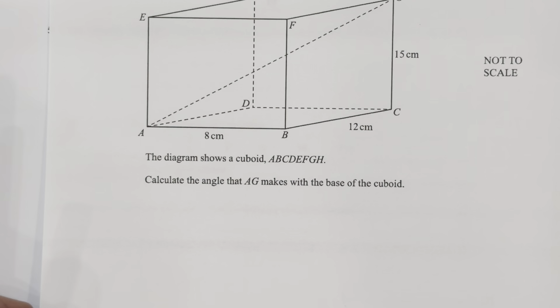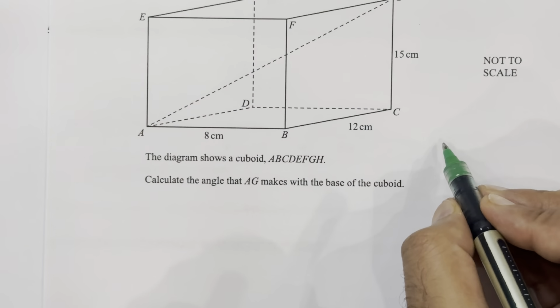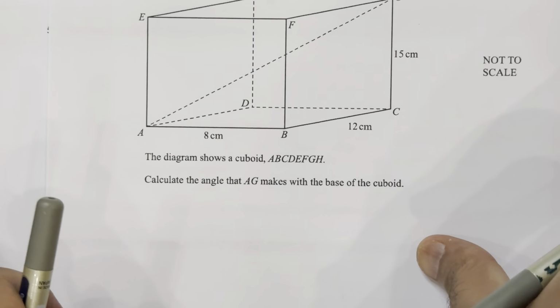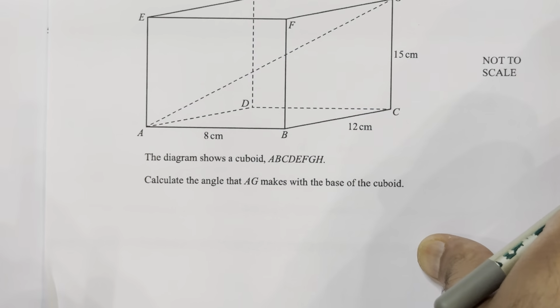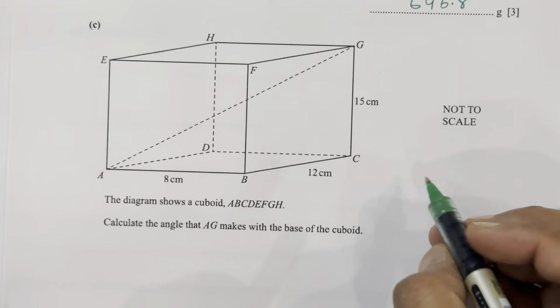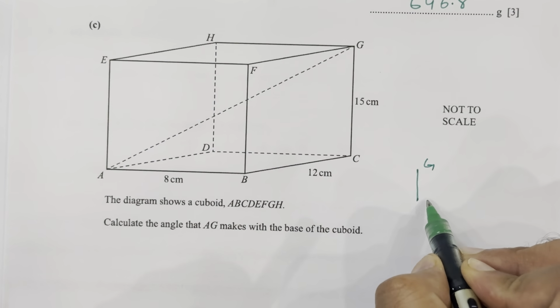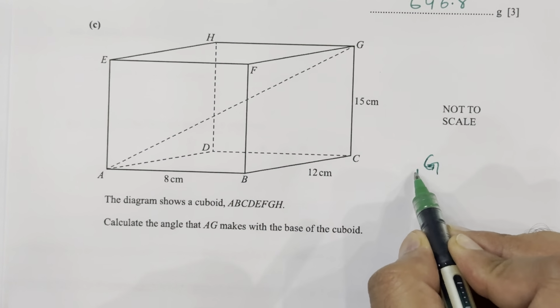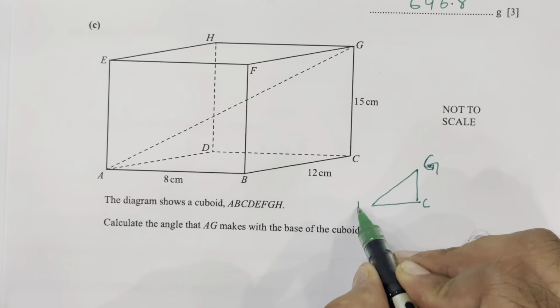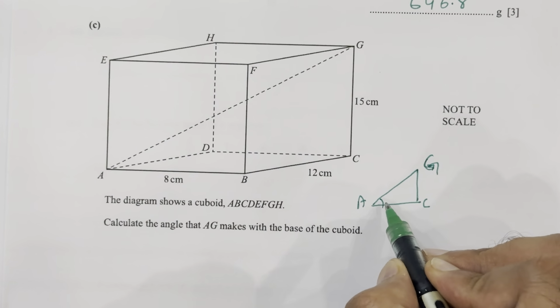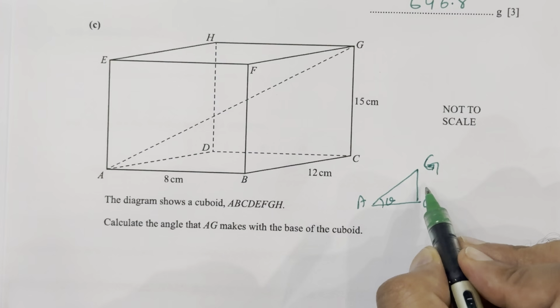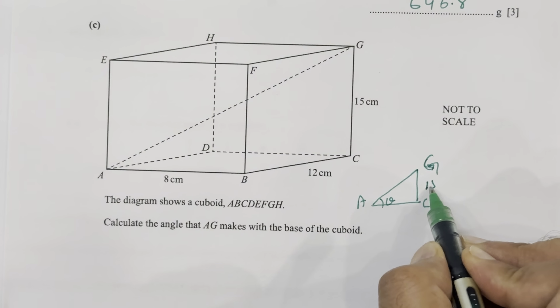The C part is, the diagram shows a cuboid A, B, C, D, E, F, G, H. Calculate the angle AG makes with the base of the shield. Okay, we can make a triangle to show that. It is G, and this is C, and this would be A. You need to identify this theta, and we know that this value is 15.